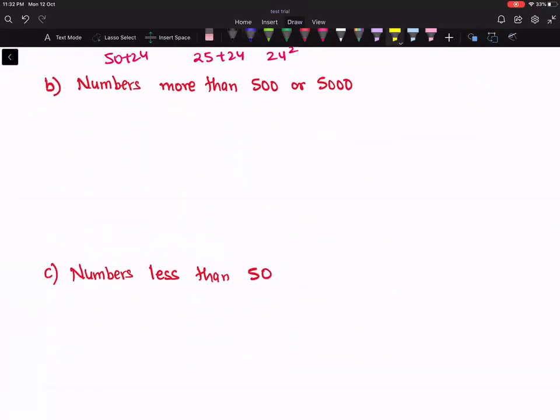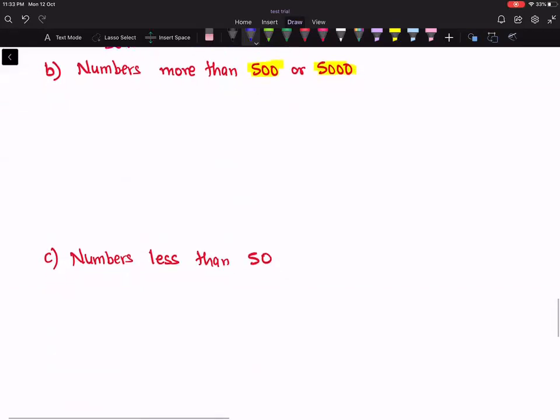Okay, next one is numbers which are more than 500 or more than 5000. Now the catch is, instead of adding to 25, you will add to 250 or 2500. So if I'm interested in 514 square, right? This answer will be in two parts. Before, for 50 there were 2 digits, now with base 500 there will be 3 digits.